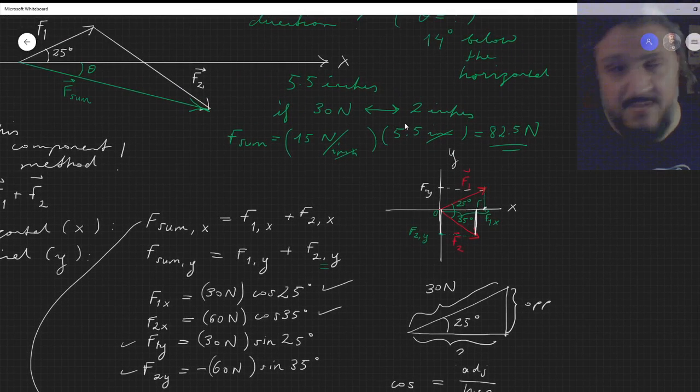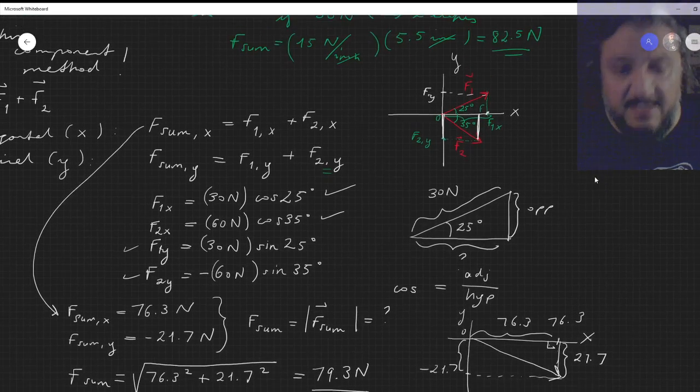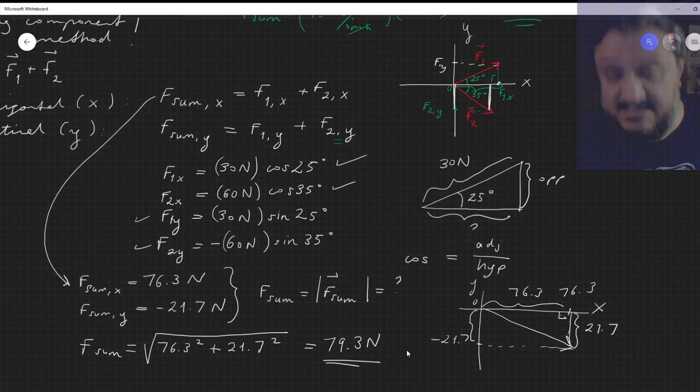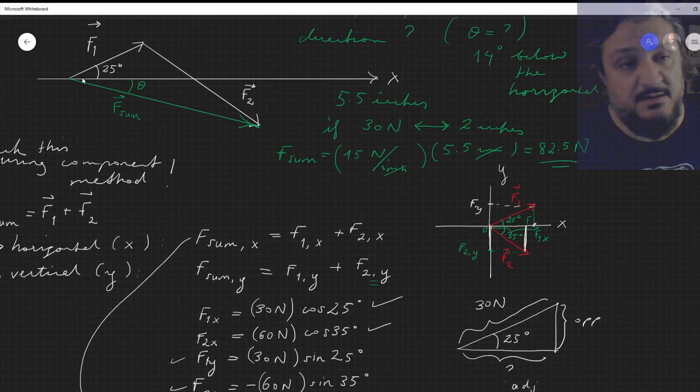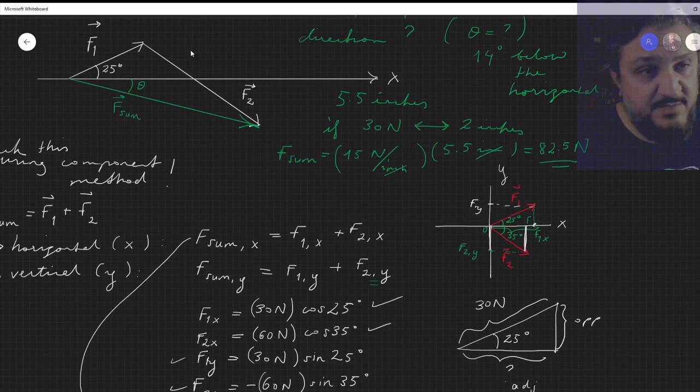Now, is this close to what we found earlier? I mean, not too bad. 82.5, 79. Well, I would say 79.3 is actually the exact one. The one we measured here is not exact because there's always some error when you're lining up the vectors and measuring using protractors and rulers.